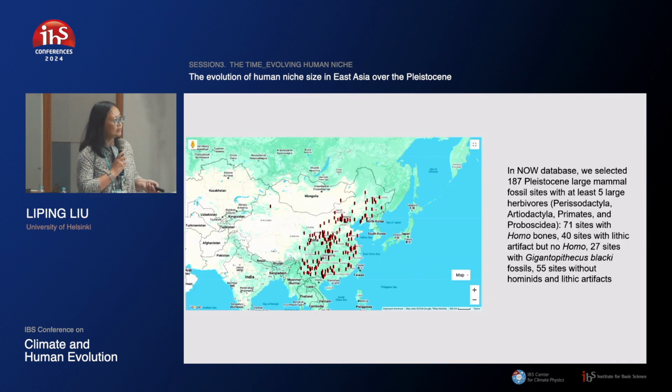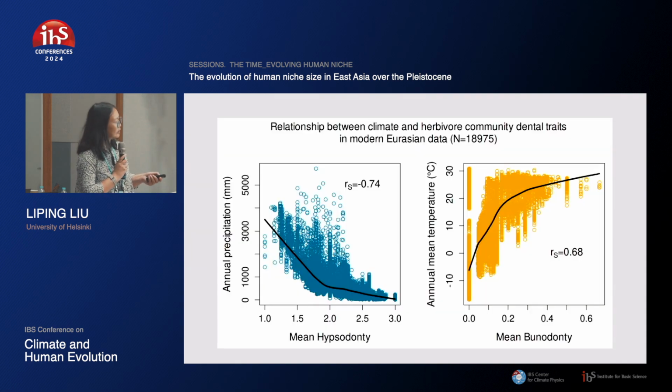That's why I focus only on this Chinese data. But unlike our previous work, which only used the Homo and the artifacts, I use all the mammal fossils. Because I think to understand what habitat humans can live in, maybe we also need to understand what habitat early Homo couldn't live in. So that's why I want to see a big picture.